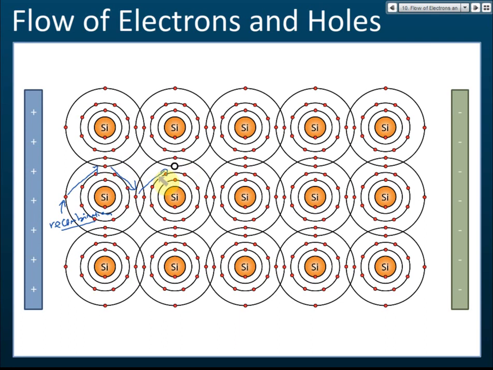Let's see how the hole moves. The process continues. You see the hole keeps on moving, from here to here, then from here to here, and again here. Keep on moving, and again, see the hole moving.